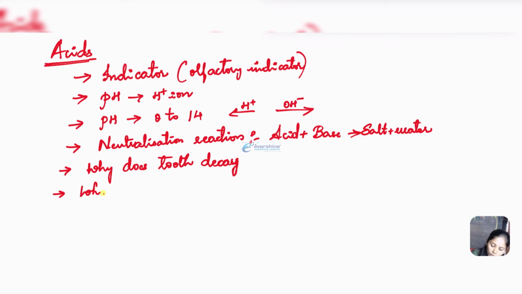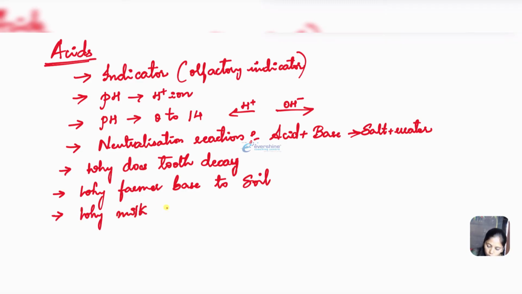Then why does a farmer add base to the soil? To neutralize excess acid in the soil. And why does a milkman add base to milk? To increase its shelf life, that means to delay its setting into curd.